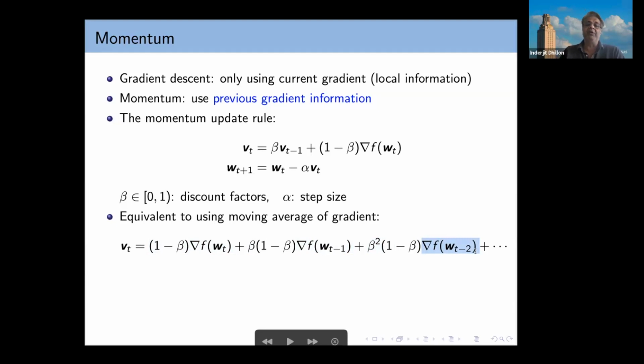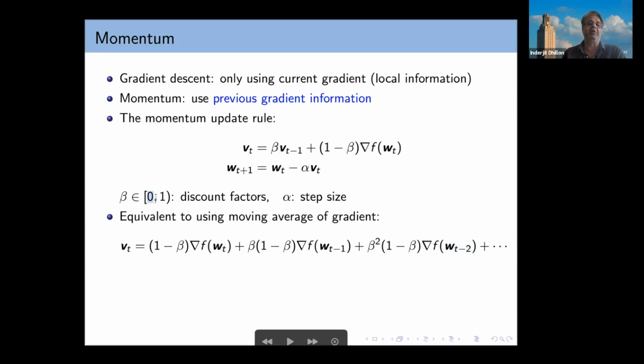So it is geometrically declining. That's why it's called an exponential moving average. It's an average, but an exponentially moving one. If beta, for example, is something like half, then it'll decline very quickly, because it's beta square. The smaller the beta, the more quickly it'll decline.